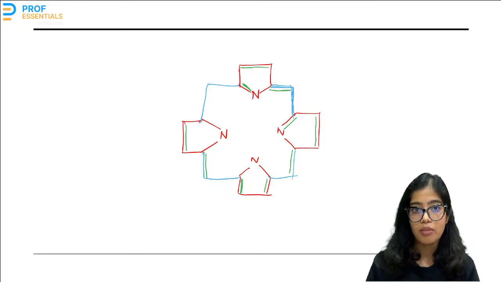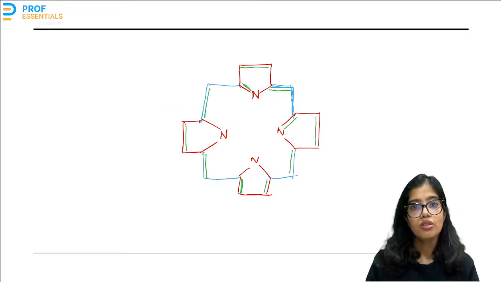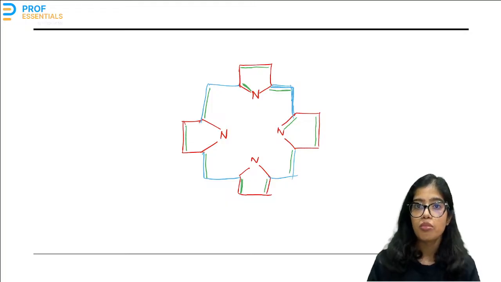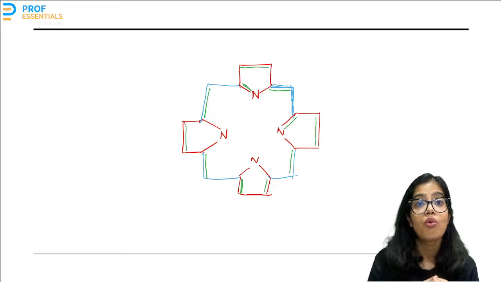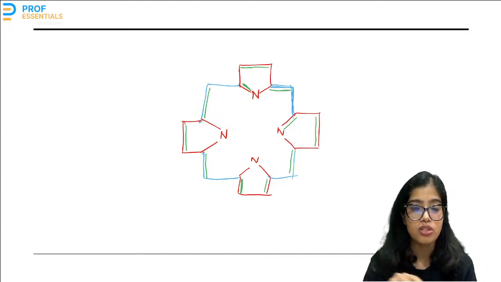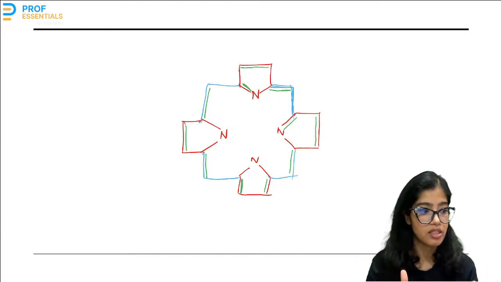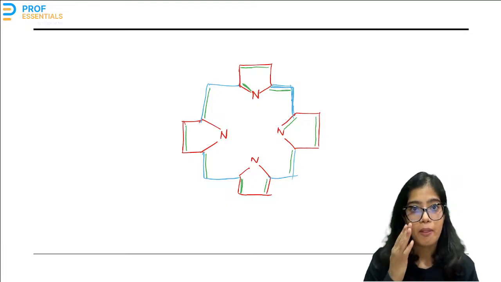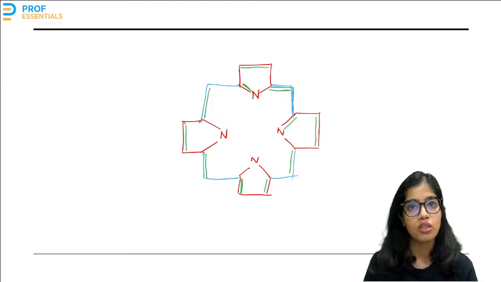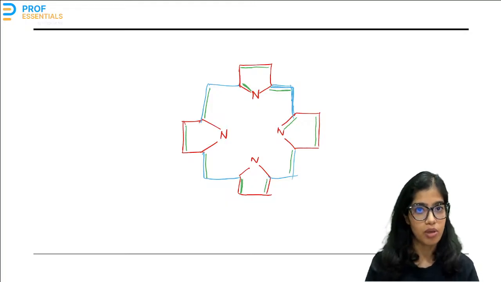Got it? And then the methine carbon will have a double bond like this. So this is how you draw double bonds. Each carbon will have a double bond, but it cannot have a double bond with both the adjacent carbons. So it is going to have a double bond with alternate carbons. Understood? So this is how you draw the double bonds in this cyclic tetrapyrrole.